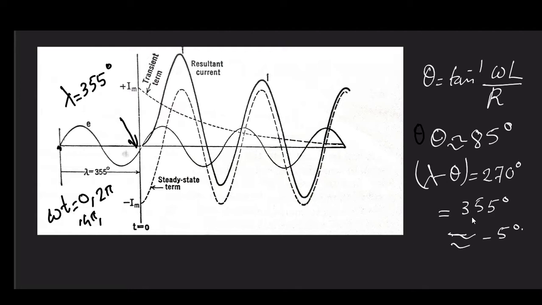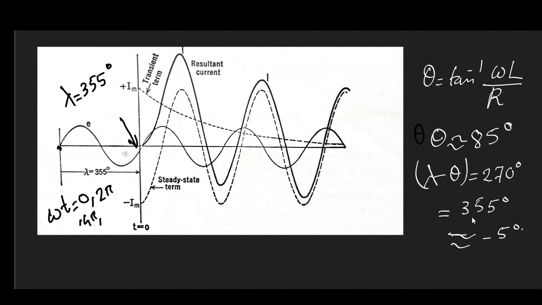So when your voltage is near 0, your steady state current is almost reaching its negative peak value. Because your voltage is 0, this is a point where the voltage is very small. If you consider the exact value, omega t equal to minus 5 degrees, then it is a very small value.